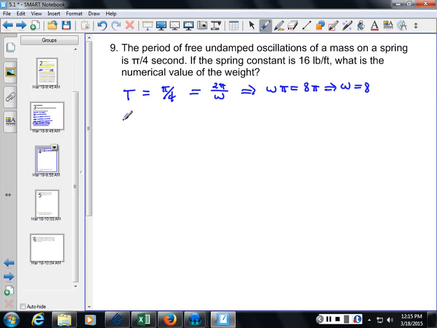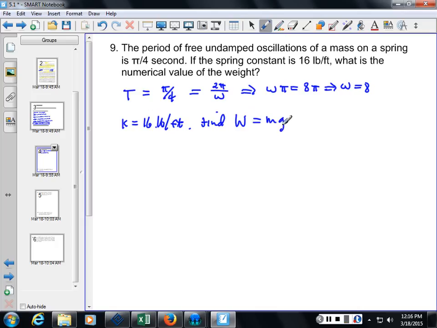If the spring constant, that's K, is equal to 16 pounds per feet, it says, what is the numeric value of the weight? Find capital W.